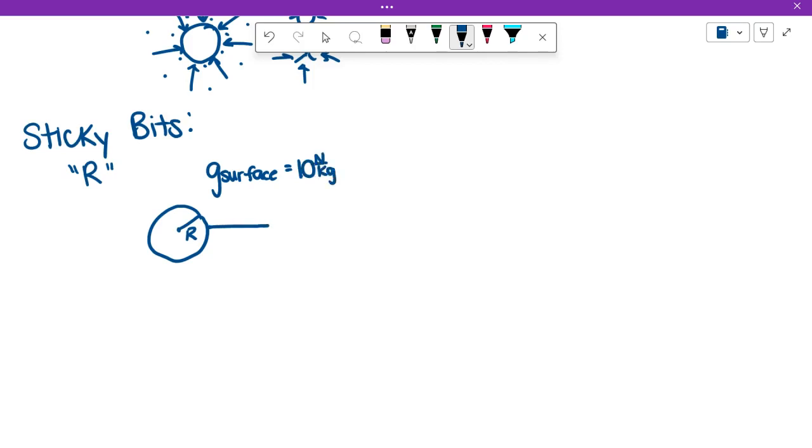What is the value of g at a point x, right, which is 2r from the surface, okay?